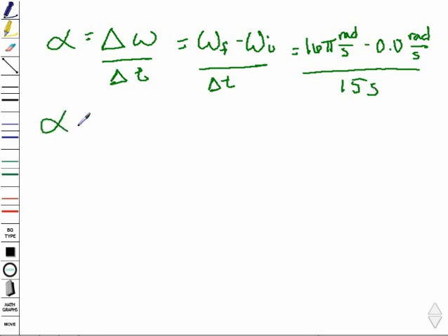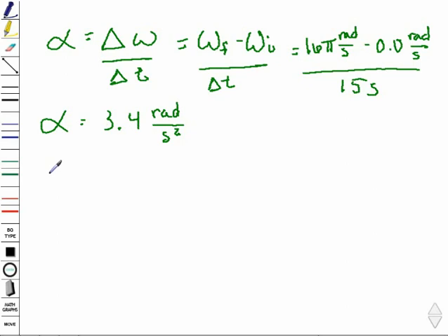This gives us an angular acceleration of 3.4 radians per second squared, because we have seconds on the top, seconds on the bottom, so don't forget your seconds squared. We're going to save this value to plug back into our torque expression in a moment.